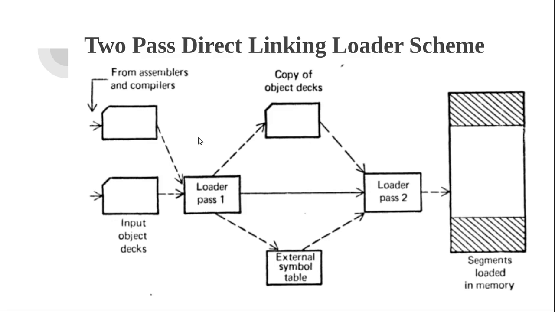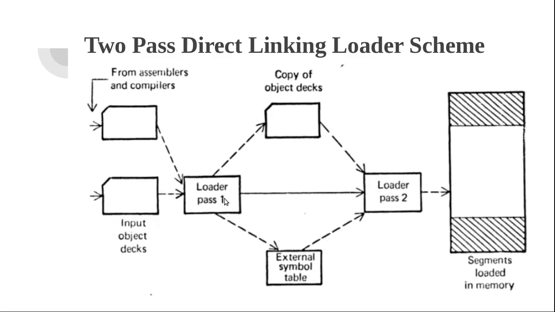In the first pass, it allocates and assigns storage locations to all segments and it stores the value of all external symbols in a symbol table. Each object deck will contain a set of segments. In pass 1, it will assign locations or addresses for each segment.